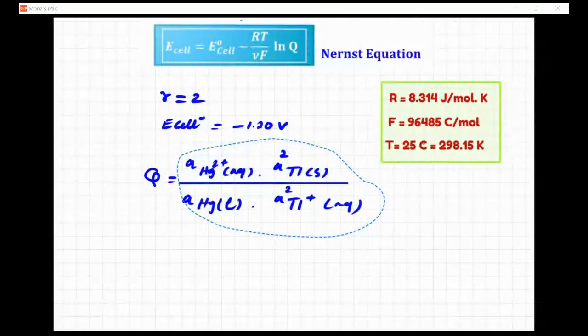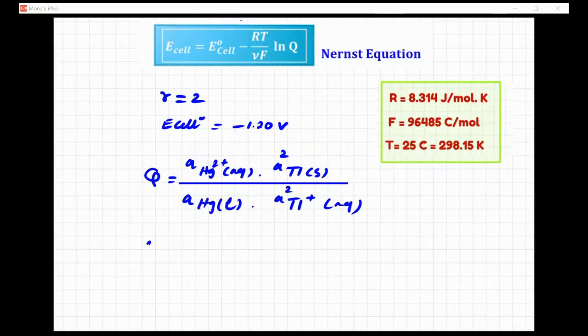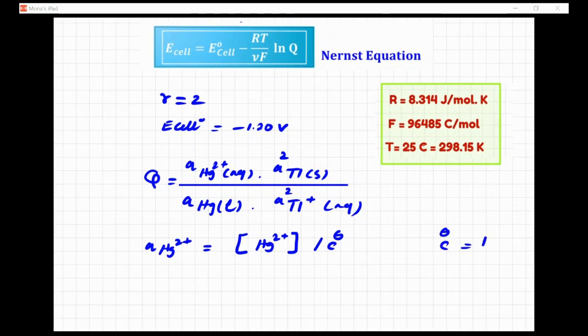Now, of course, you are aware that the activity of Hg2 2+ will be replaced by the concentration of Hg2 2+ divided by the standard concentration, and the standard concentration is equal to 1 mole per decimeter cube. Now, activity of Tl solid is equal to 1.